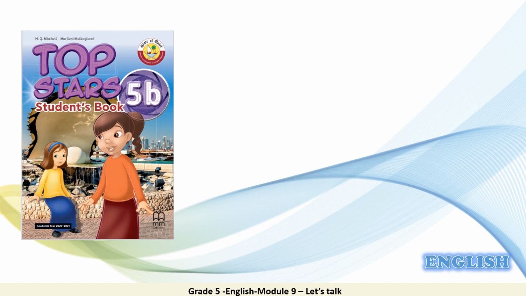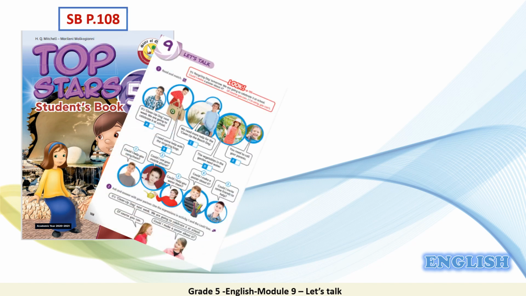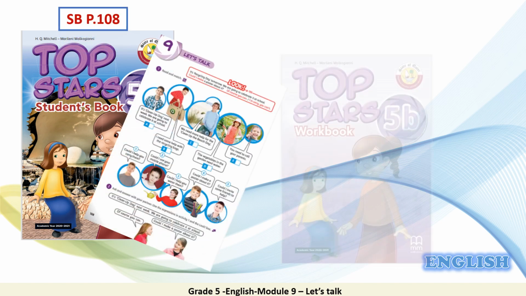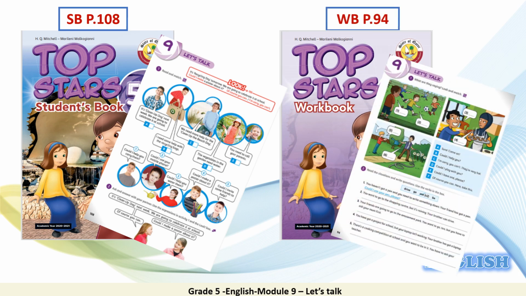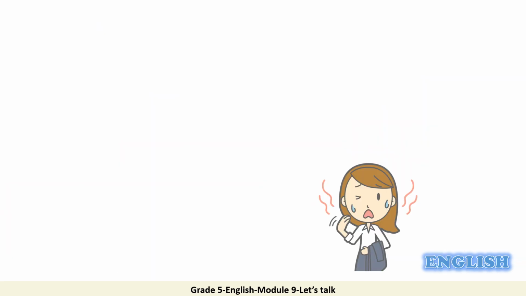Let's open our student book page 108 along with our workbook page 94. Open your books and get ready. I want you to imagine yourself in this little girl situation.